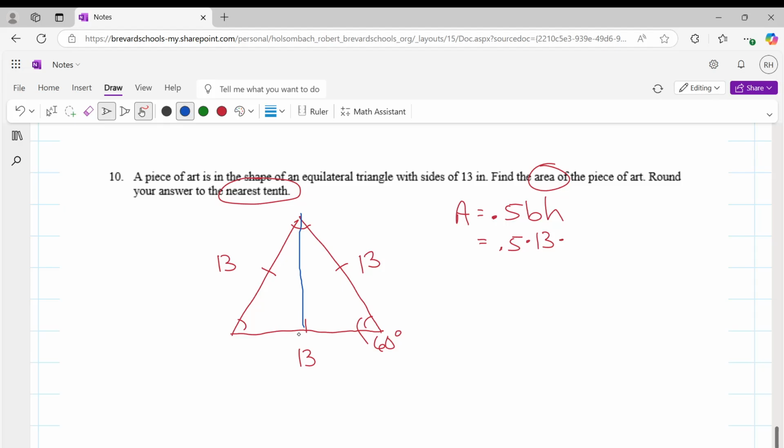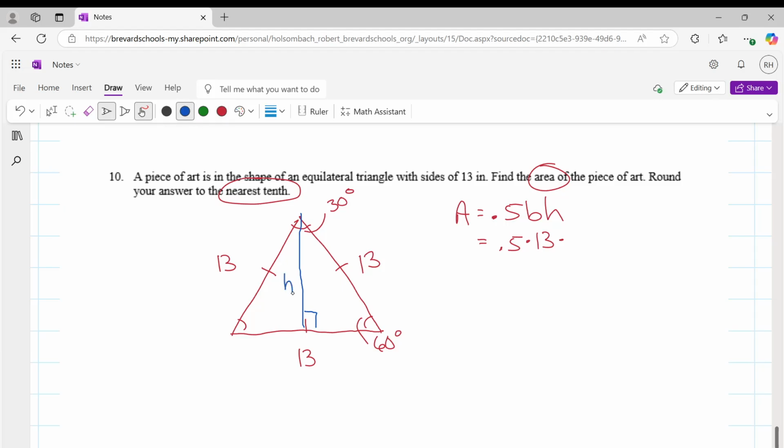Now, when I drop in this altitude, or this height of this triangle, it intersects this bottom side at 90 degrees. So we've got a 90-degree angle, a 60-degree angle, and since we bisected this top angle, this is 30 degrees. All right? So what we need is this height to go into our formula.